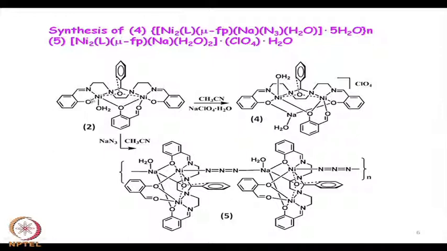If you see the corresponding structure, you will find they are positioned nicely over there. That means these 3 oxygen atoms are closely disposed like that of a cyclic crown ether.